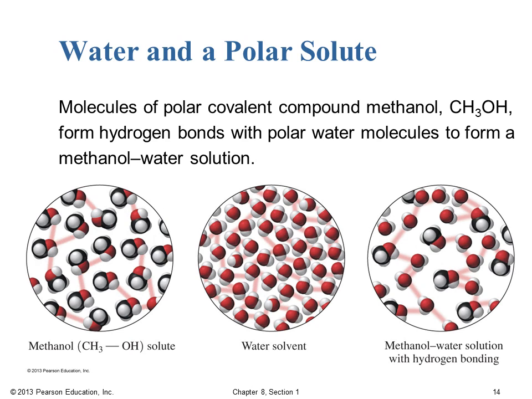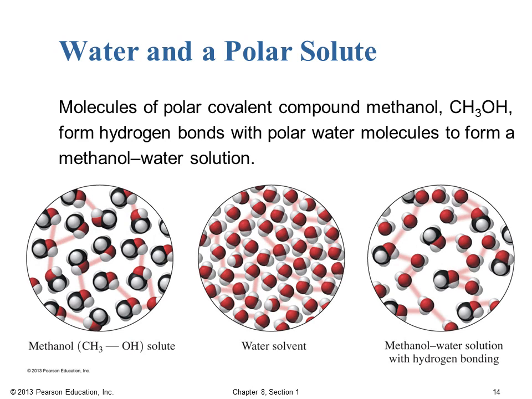So we stated before that for solutes and solvents to properly mix with one another, we have to have like polarities. And so methanol is an example of a polar solute or polar compound because we have differences in electronegativity.